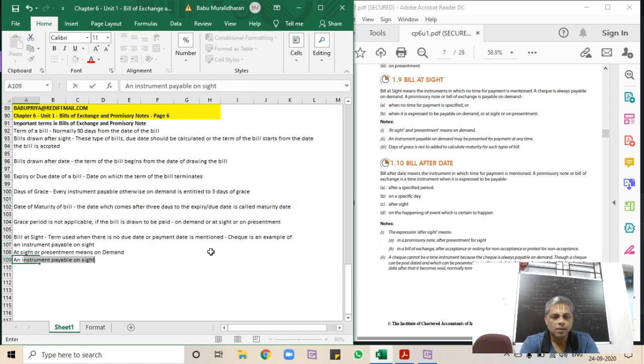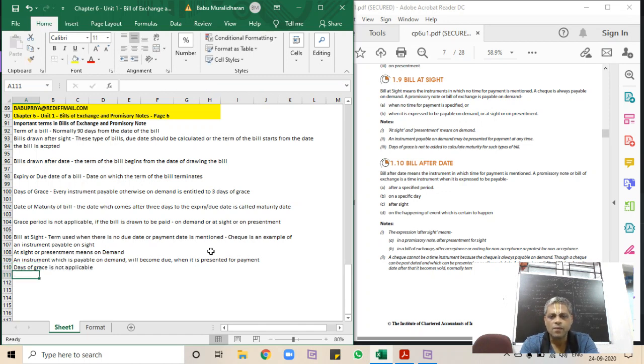An instrument which is payable on demand will become due when it is presented for payment, right? And days of grace is not applicable.